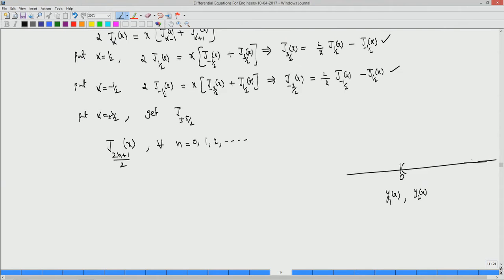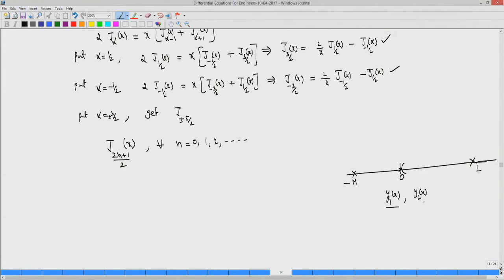These series converge uniformly in any interval for all x positive, because there is no other singular point. Suppose for certain equations 0 is a regular singular point and L is a singular point, and minus m is a singular point.